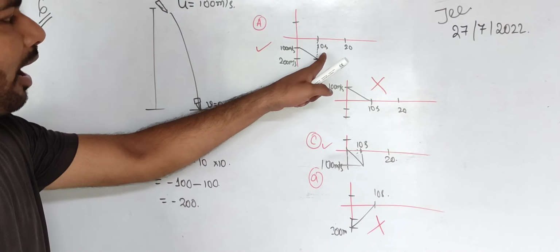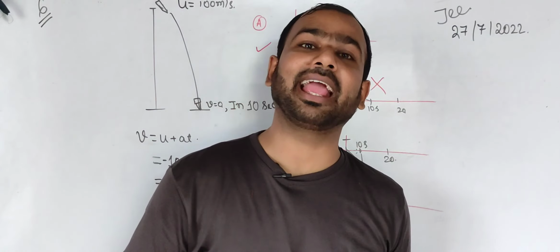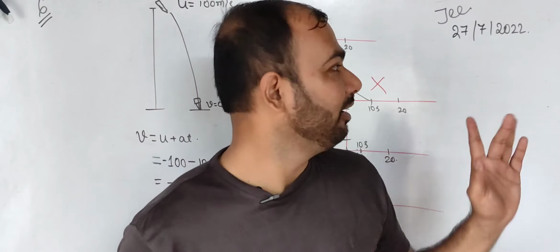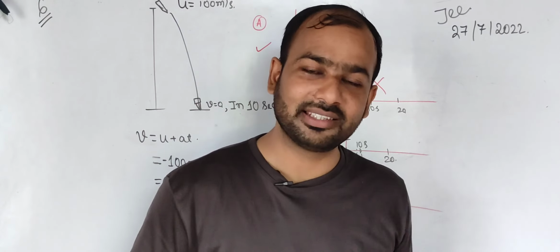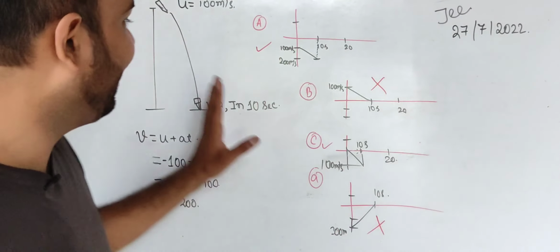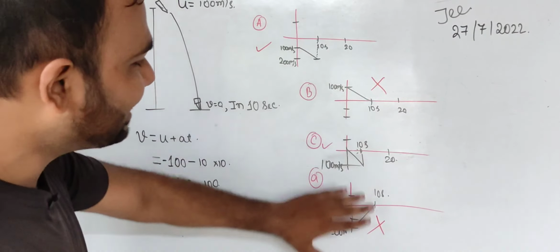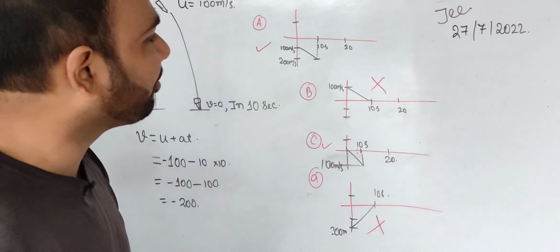After that, it comes to rest due to the perfectly inelastic collision. So in this numerical that was asked on 27 July this year, we do not need to perform any kind of rough work because we can simply use our instinct to find the graph.